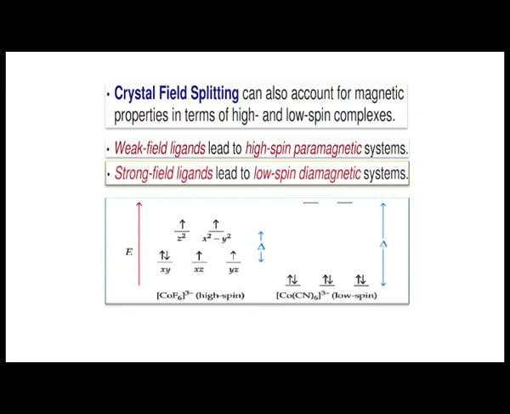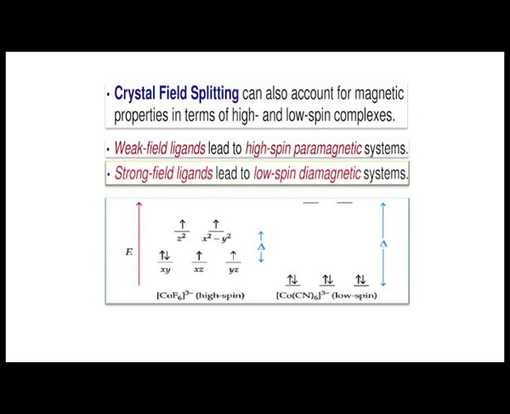What we get is the crystal field splitting, which can account for magnetic properties in terms of high spin and low spin complexes. So, these high spin and low spin complexes are related to the corresponding occupancy of the levels T2G and EG.